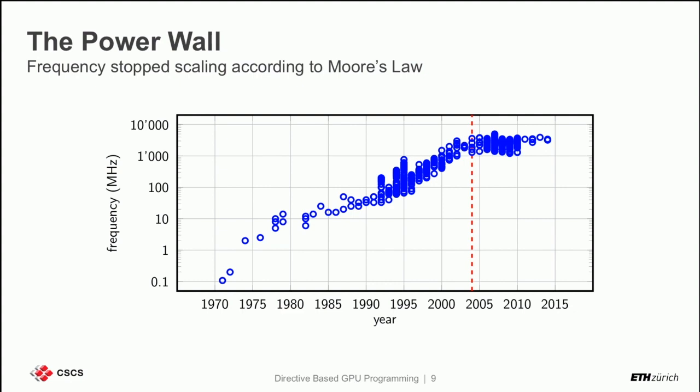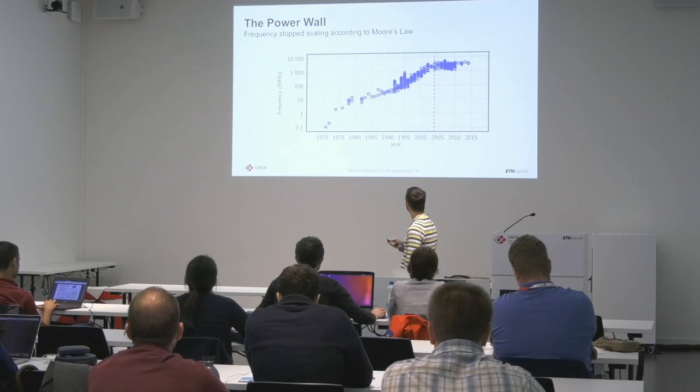And suddenly at 2005, there's no more frequency increase. This is the time when the free lunch of single node performance was over. We need to find different ways to exploit parallelism on the node, because just waiting and magically having our application run faster with the next generation wasn't the case anymore.